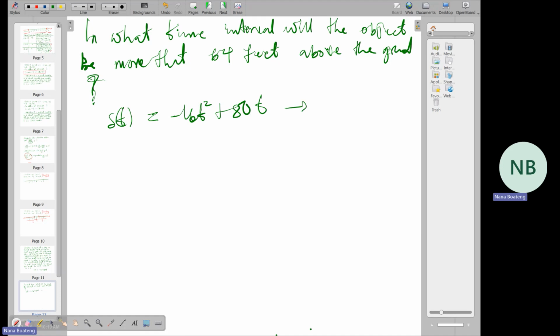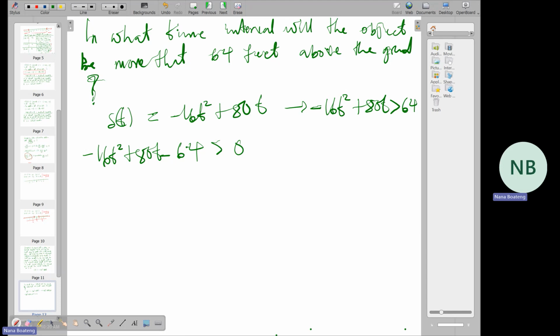So we want to find the time at which negative 16t squared plus 80t is greater than 64, right? We can write this with all the terms on one side: negative 16t squared plus 80t minus 64 is greater than 0. And we can set this equal to 0 and solve for t.